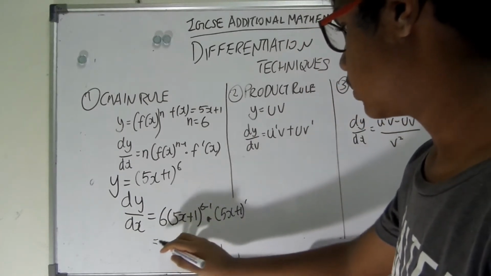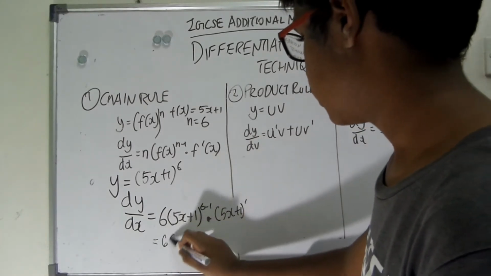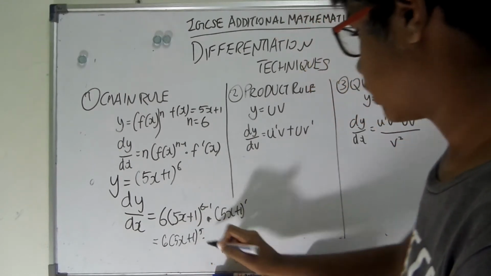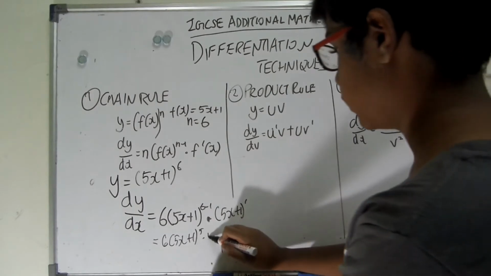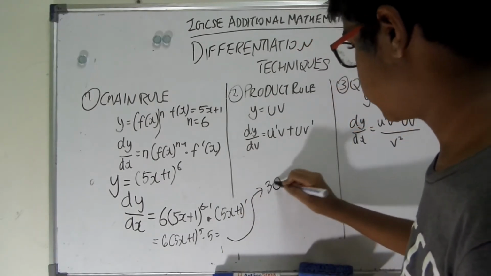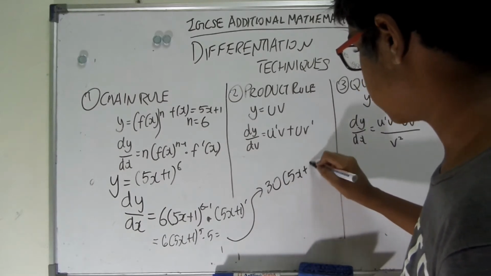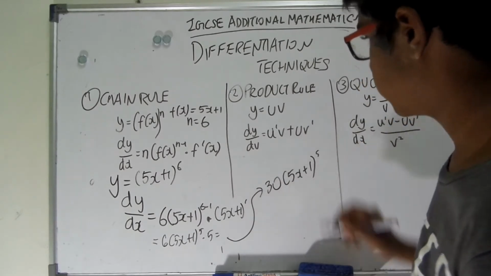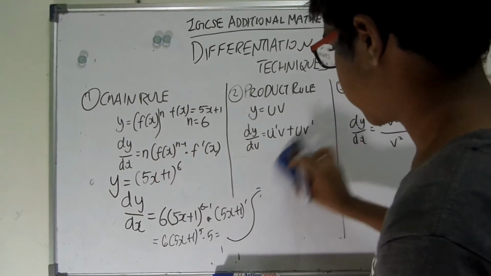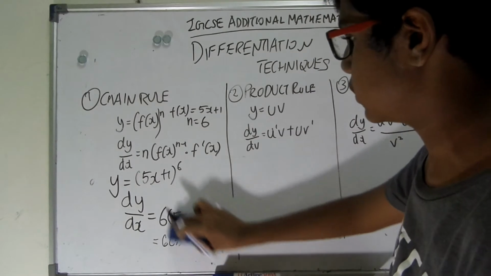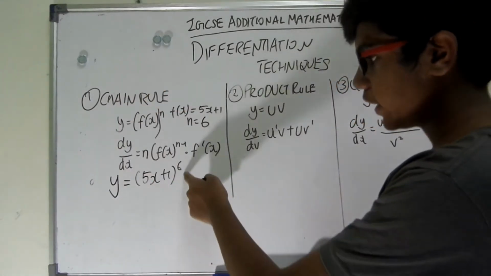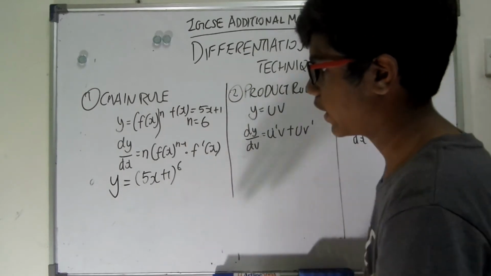So this is 6(5x + 1) to the power of 5 times 5, which gives us 30(5x + 1) to the power of 5. This can be used for any number before the f(x) inside, and any exponent. You just have to apply this rule.